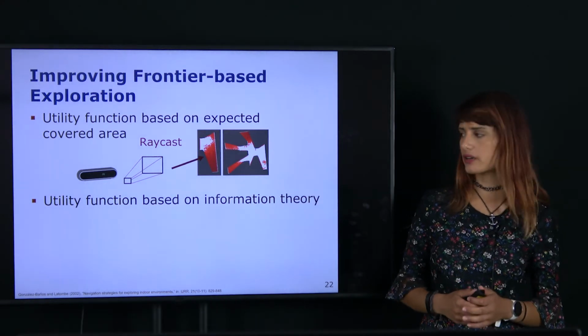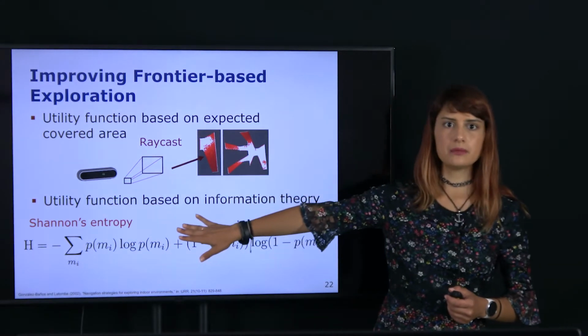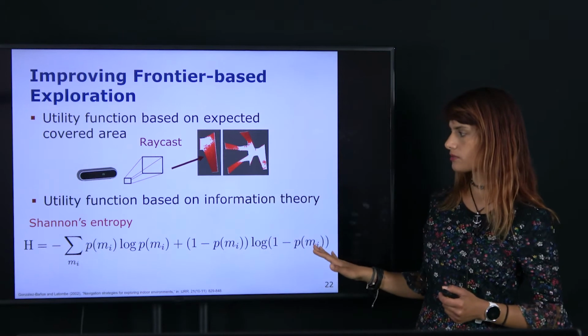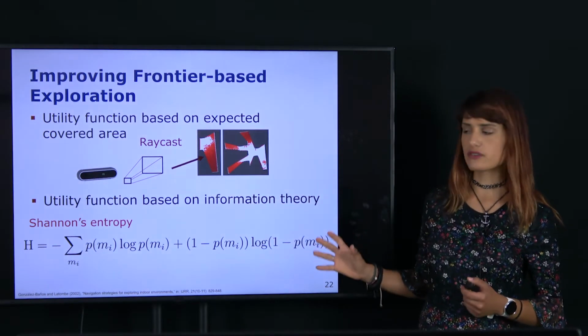A very common way of doing this is by leveraging ideas of Shannon's entropy, which is just a measure for a binary random variable, how much uncertainty is associated with that variable.